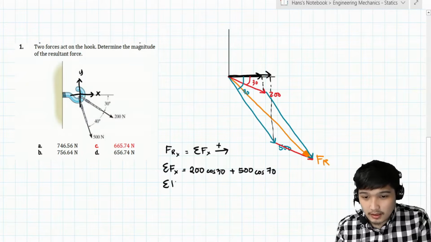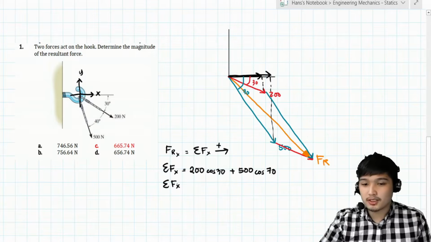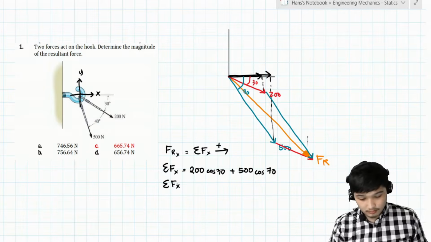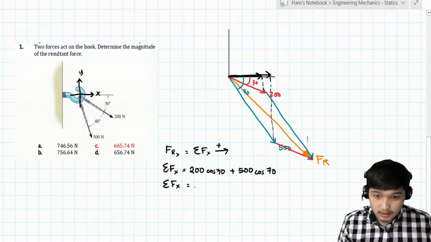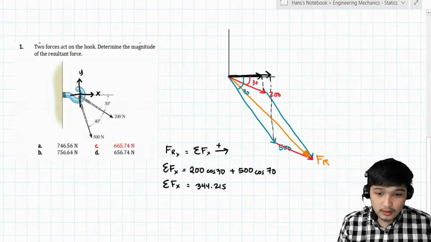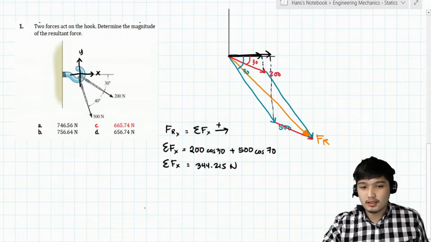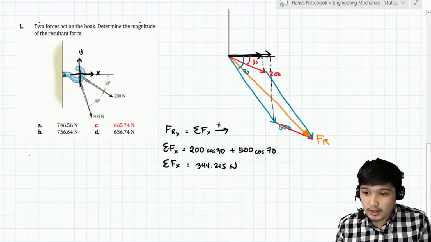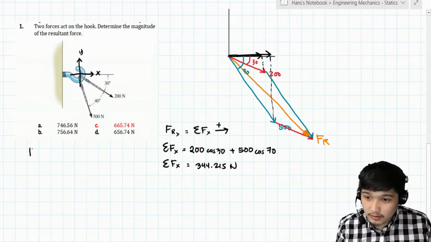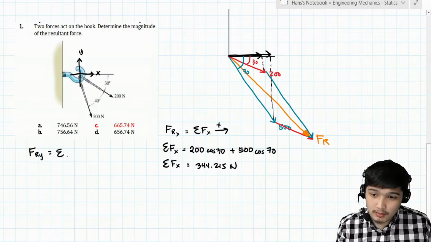So, with that, how much is our summation ng forces along X? So, this one is 344.215 newtons. Okay? So, next is we solve for the vertical component of the resultant force, and that is the summation ng mga forces along Y. So, considering upward naman tayo, positive.